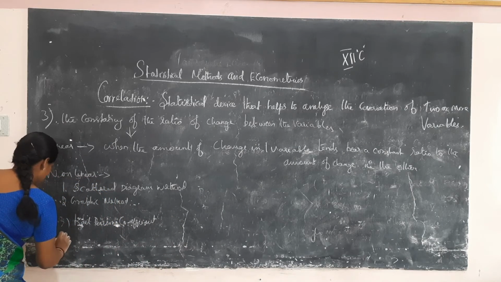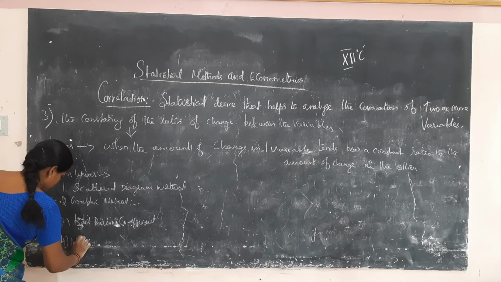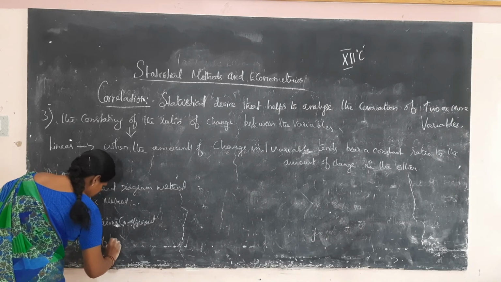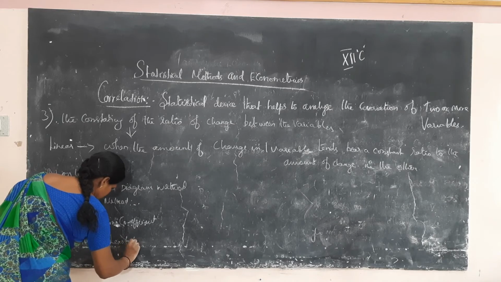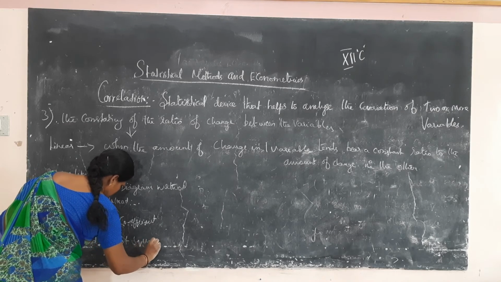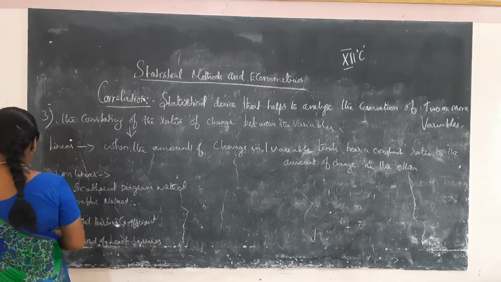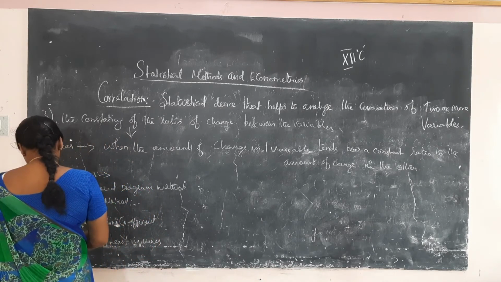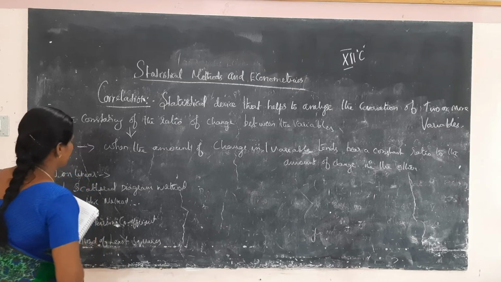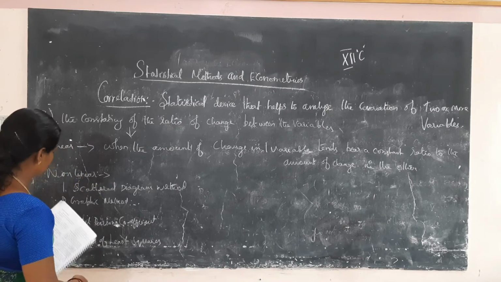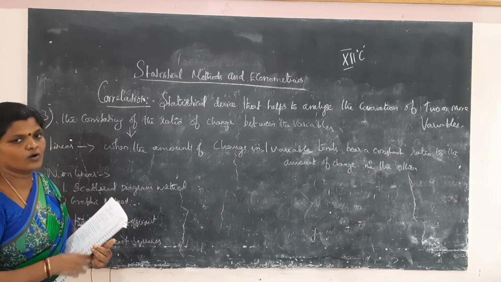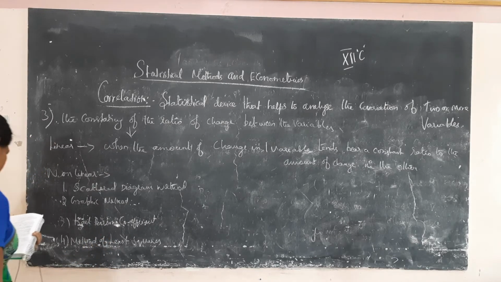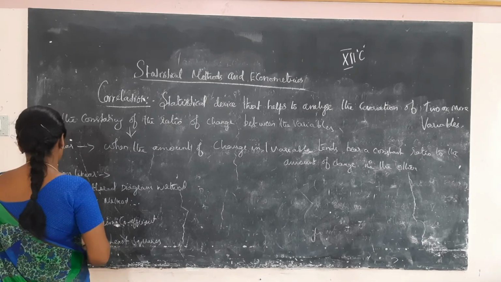Then the least squares method. Four methods are there: scatter diagram method, graphic method, Karl Pearson's coefficient method, and the last one is the method of least squares. First one, scatter diagram method.